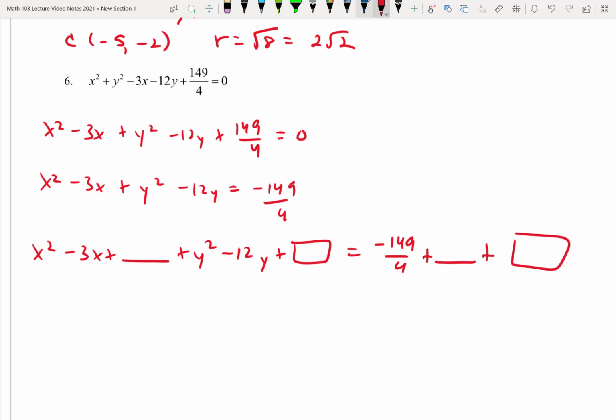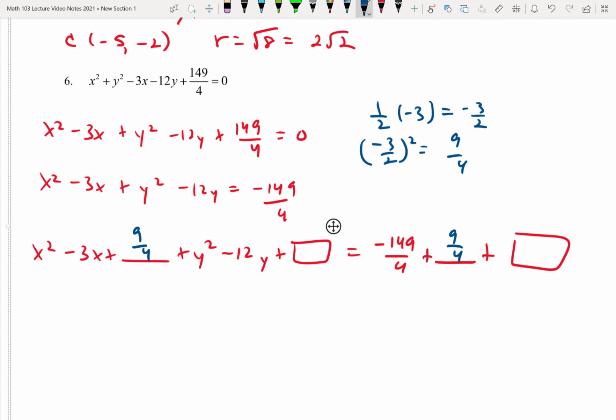We're going to take half of -3, which is -3/2, and then we're going to square that. So that's 9/4. And then we take half of -12, which is -6. -6 squared is 36.